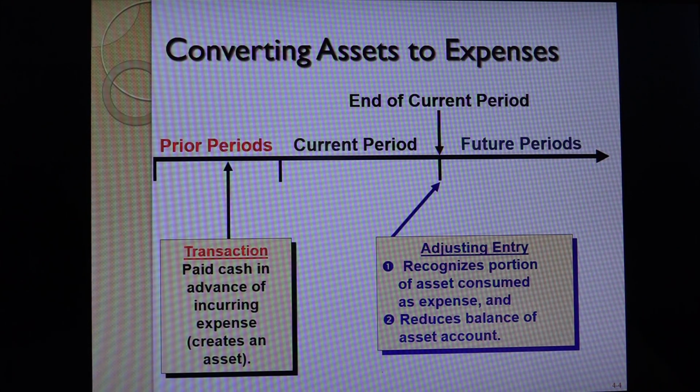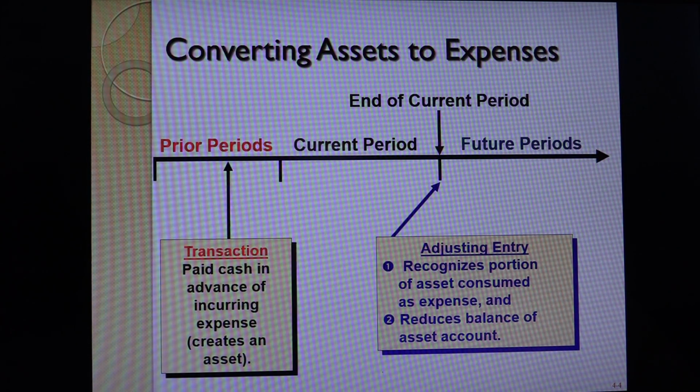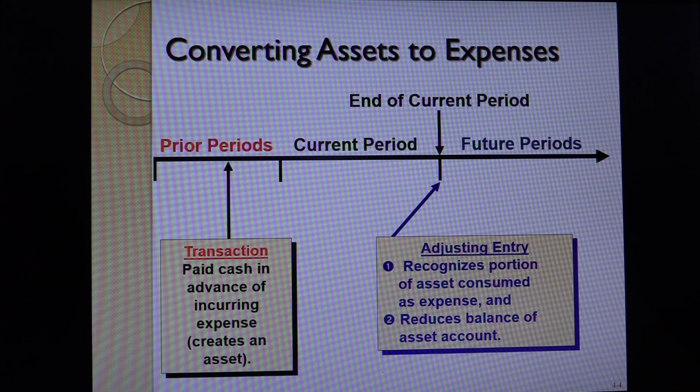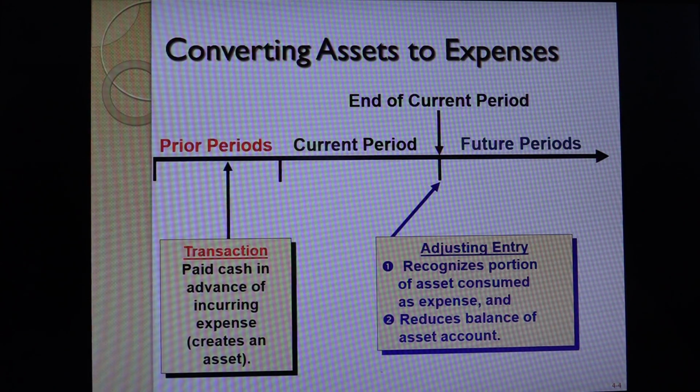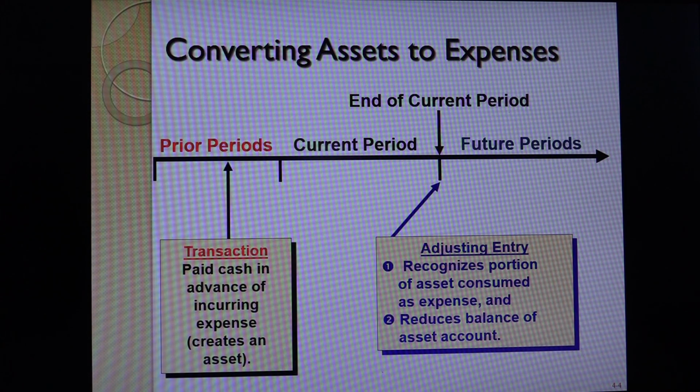So again, converting assets to expenses. The transaction here says you paid cash in advance of incurring an expense. So that would be your prepaid rent example. So you prepay the rent in 2015 for 2016.